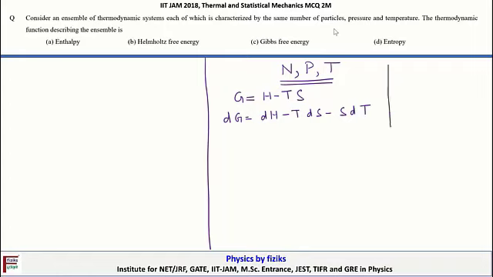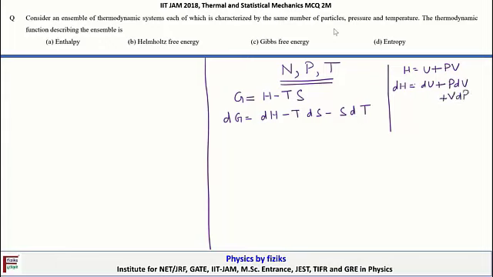Here I need the value of dH, which can be calculated from the thermodynamic potential: enthalpy H is equal to U plus PV, and that gives dH equal to dU plus PdV plus VdP.